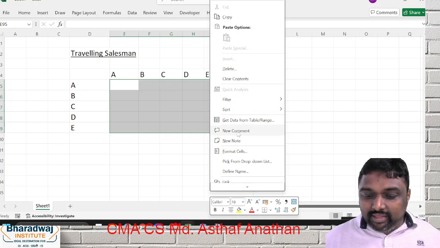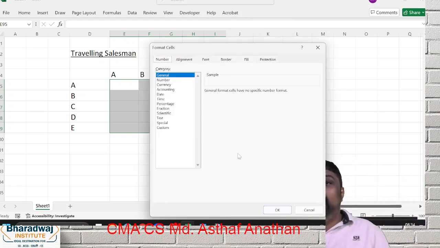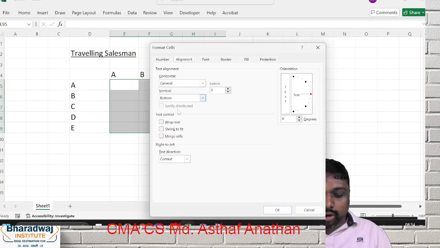So this is entering the data only. Hope all of you copied the question. It's entering the data only. Hope all of you completed the same.